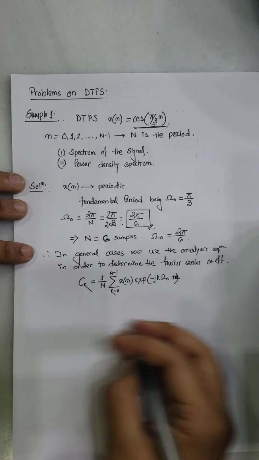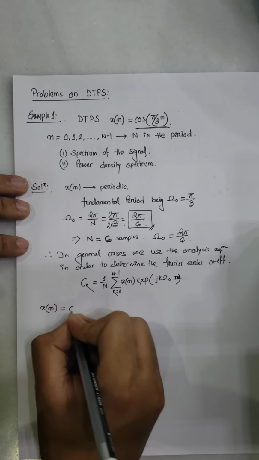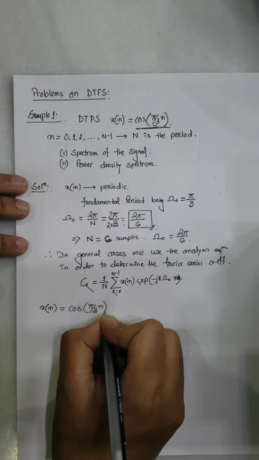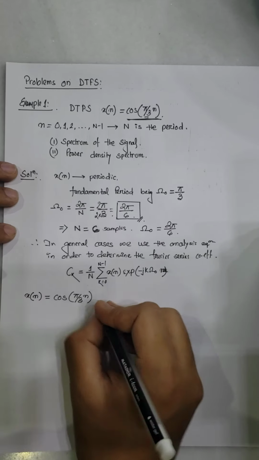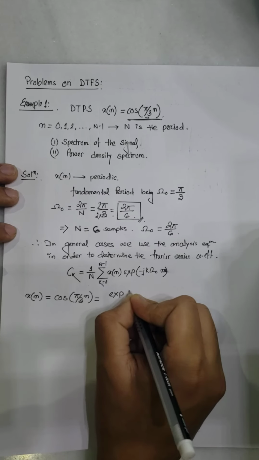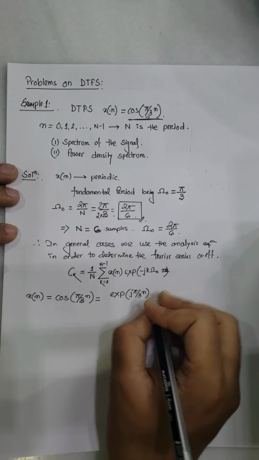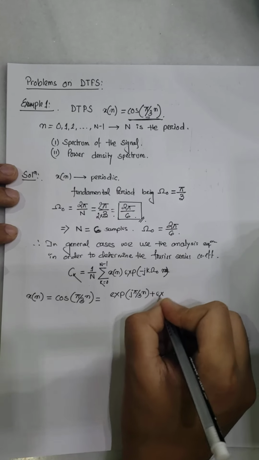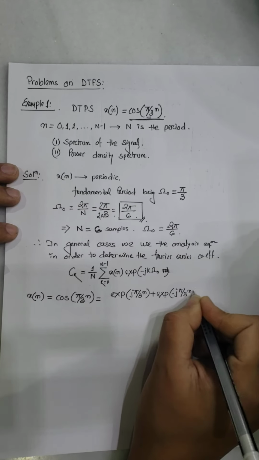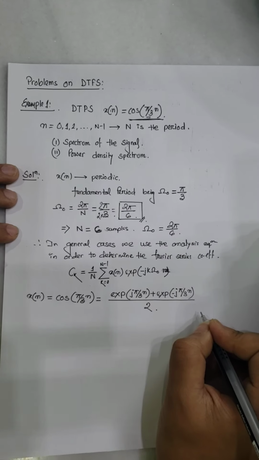So let us do so. Here x of n equals cosine of pi over 3n, which can be written, from Euler's expression, as e to the power j pi by 3n plus e to the power minus j pi by 3n, over 2.